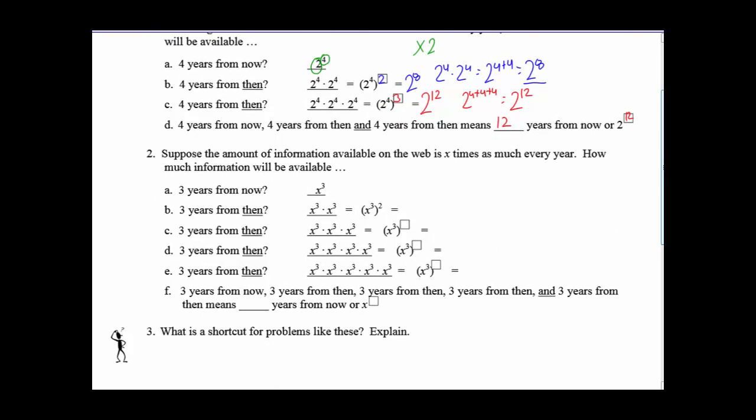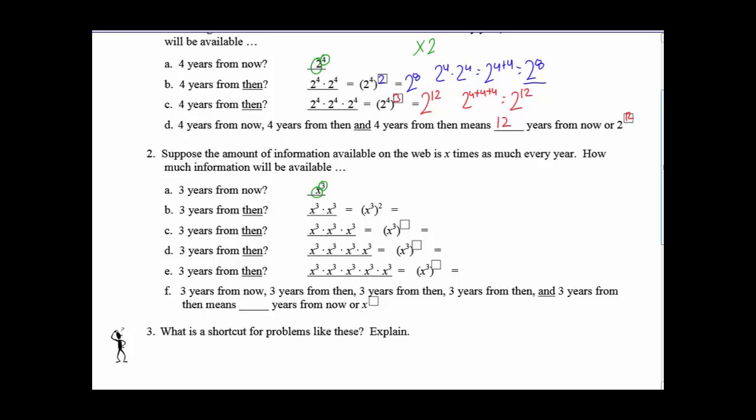If we look at number 2, suppose the amount of information now is x times as much every year. How much information will be available 3 years from now? Now we're saying it's multiplied by x every year. So our base is going to be x, and 3 years from now, our exponent will be 3.